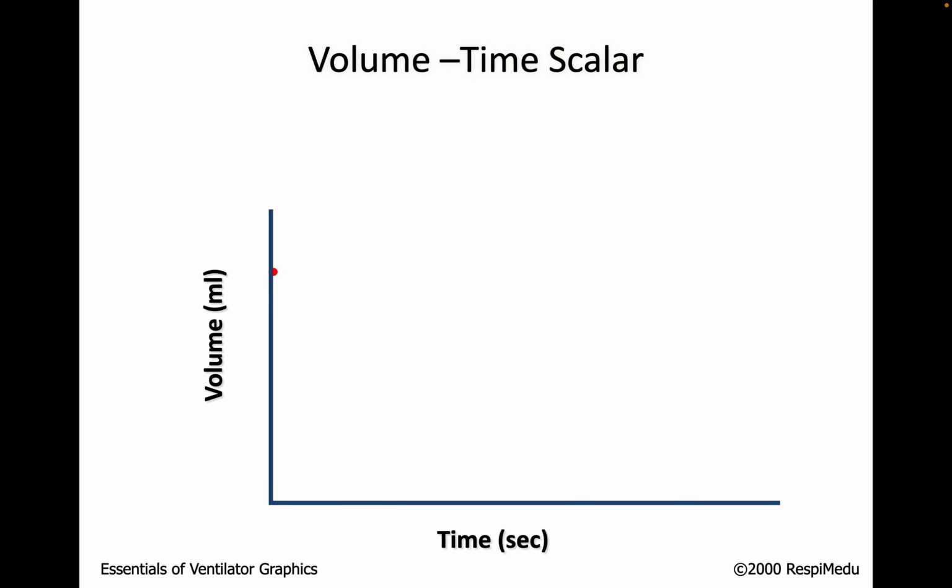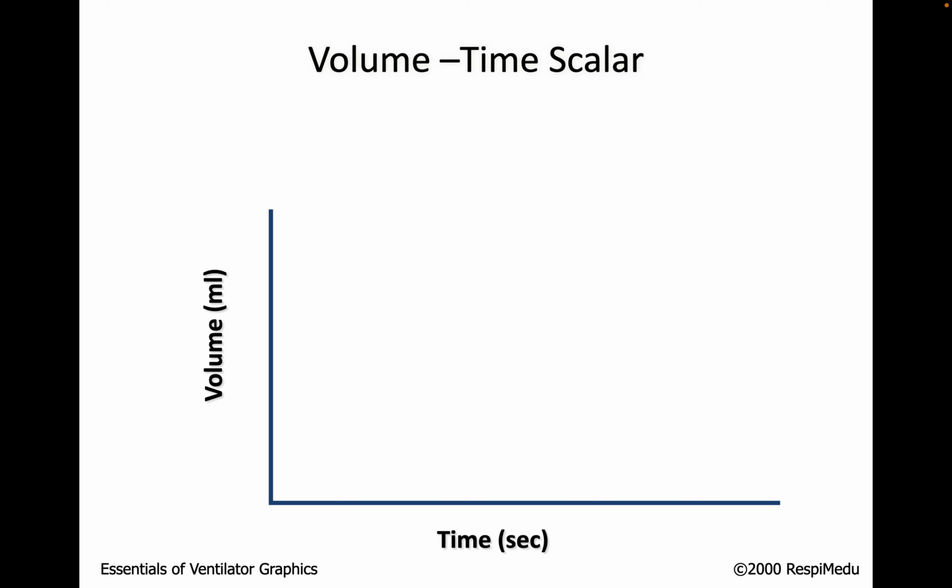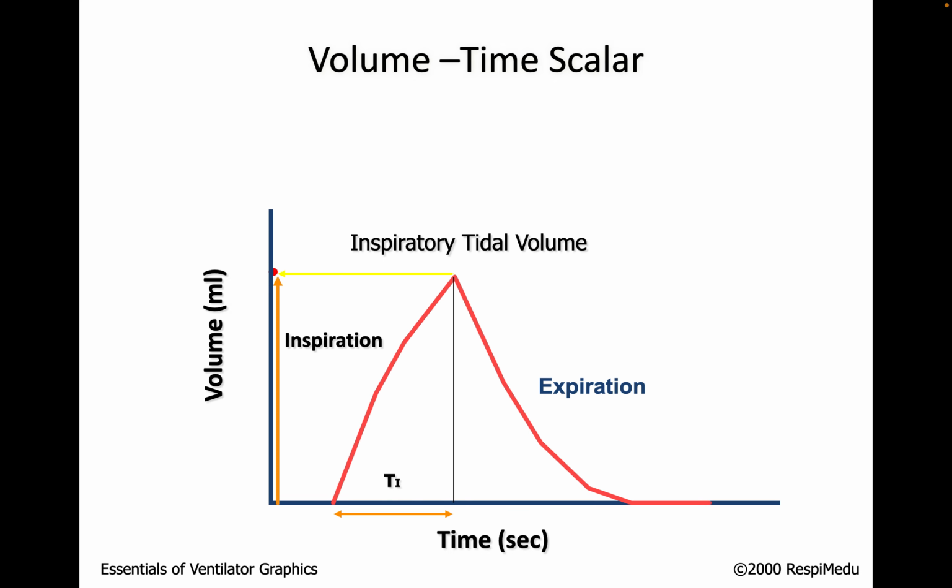Talking about the volume time scalar, this is how the volume time scalar looks. This is the inspiration, and this becomes the inspiratory tidal volume. This is the inspiratory time, and of course this is the expiration.